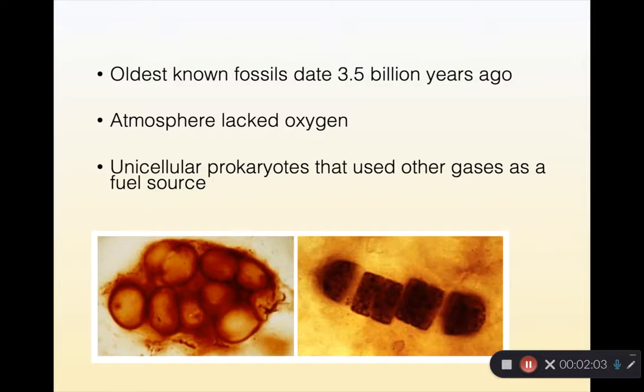Ultimately, what we're looking at in these fossils are unicellular prokaryotes and bacteria that used other gases as a fuel source. So these are actually microscopic fossils that we use to understand the very beginning origins of life here on Earth.